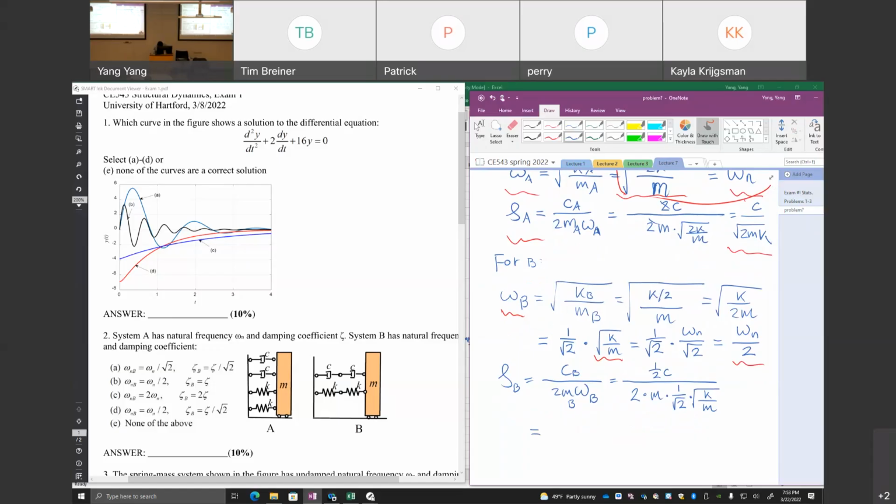This is equal to half of the damping ratio of system A. So up to here, you can tell the correct answer is which one?